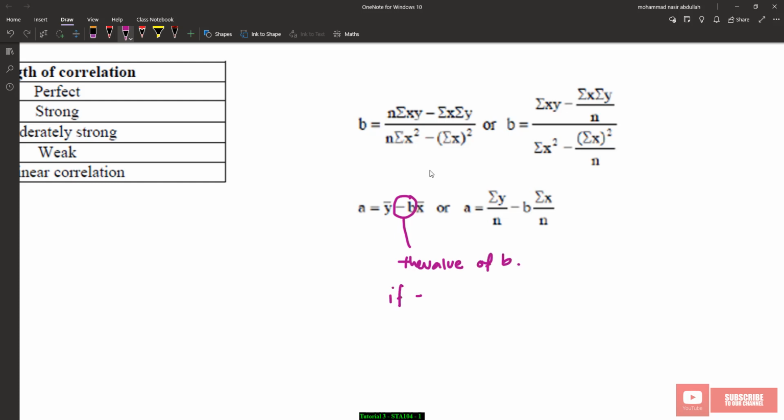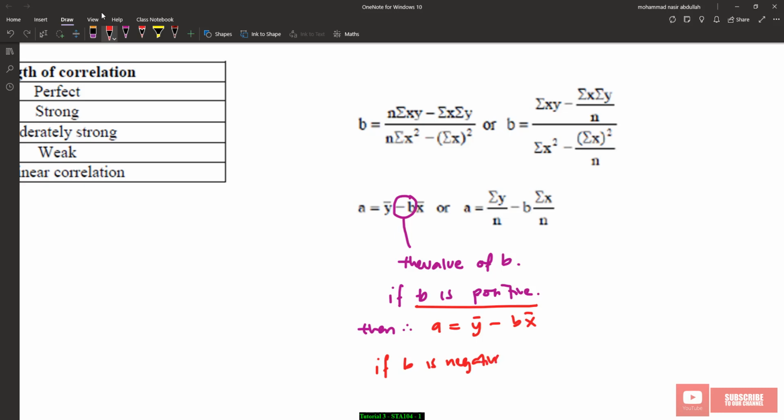If b is positive, then a equals y bar minus b x bar. If b is negative, it will be a equals y bar plus b x bar.